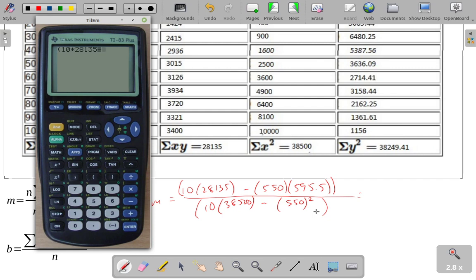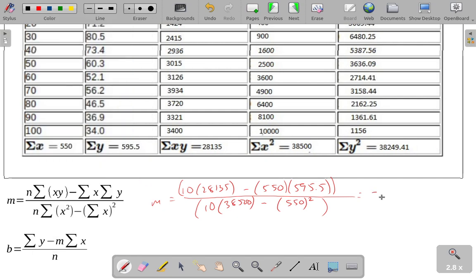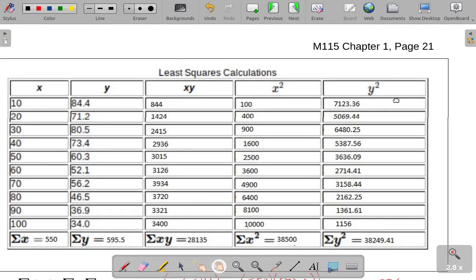So 28135 minus 550 times 595.5, close the parentheses because that's the top part of my division, divided by, I'm just using my keyboard to type because it's a lot faster than using the mouse to click, minus 550 squared. And we end up with negative 0.5596.